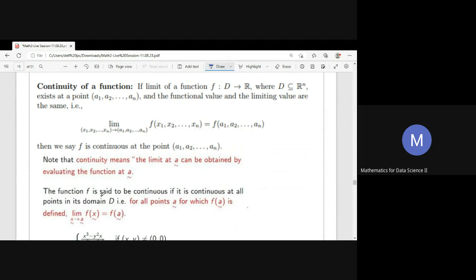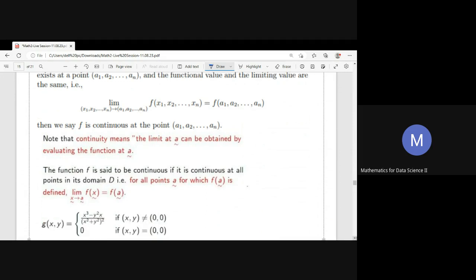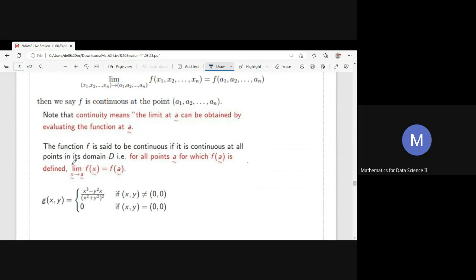Then you call that this function f of x is continuous at a. So it means whenever you are able to substitute the value of a into this function and you get the value of the function, the function is continuous at that point. If this condition is satisfied, then you say that this function f of x tilde is continuous at the point a.